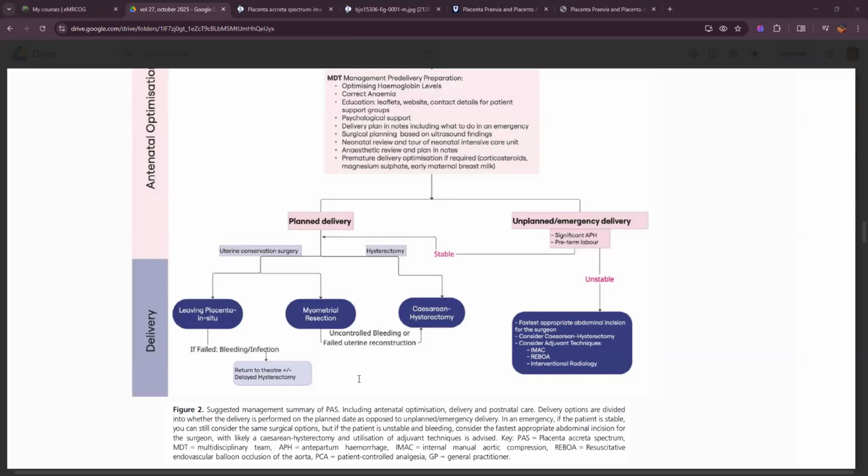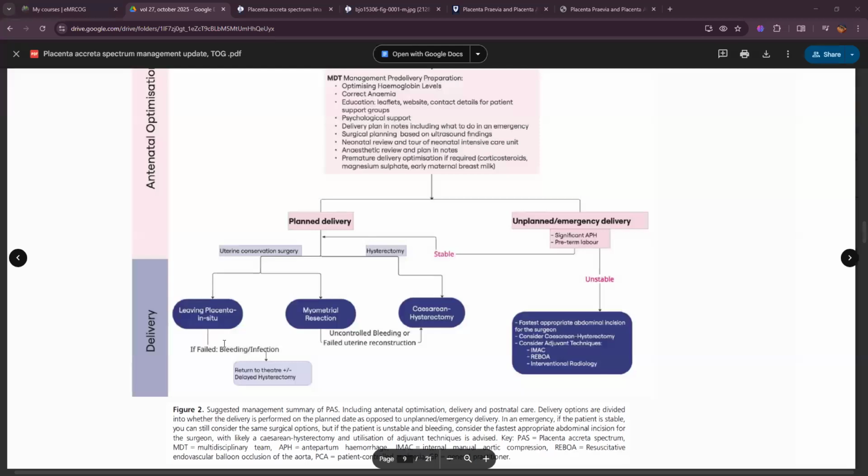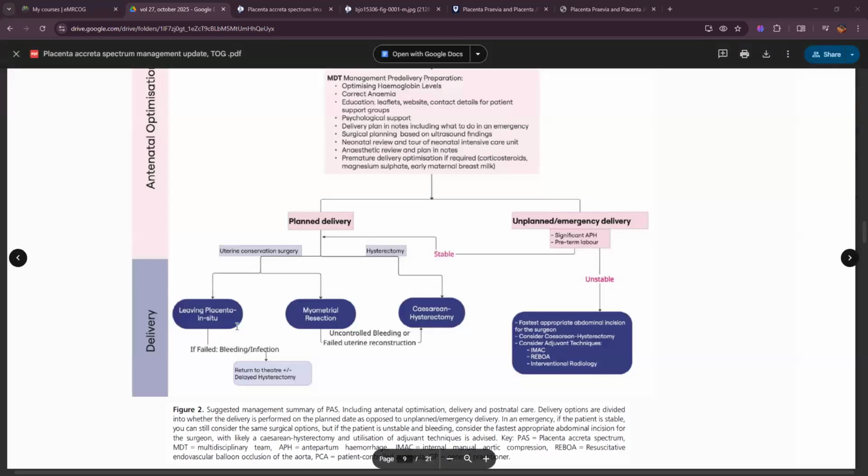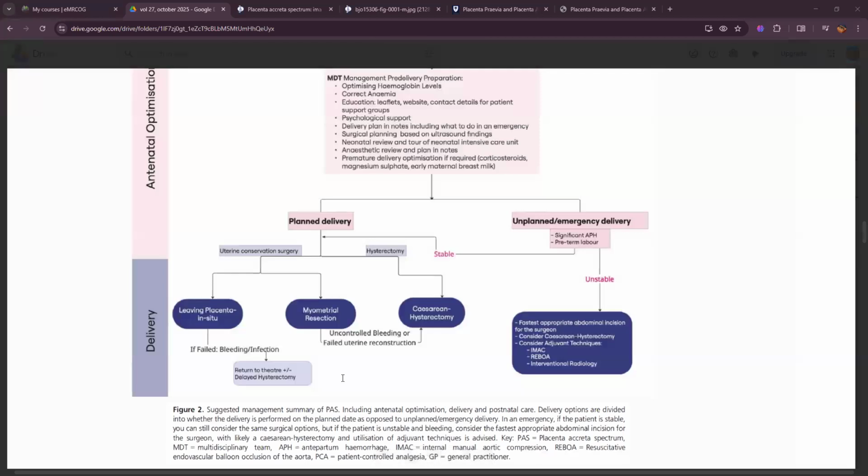Okay, we have two scenarios. In one of them you are surprised by the placenta accreta. What would you do? If you know, and you are prepared, you are going to leave the placenta inside, right?